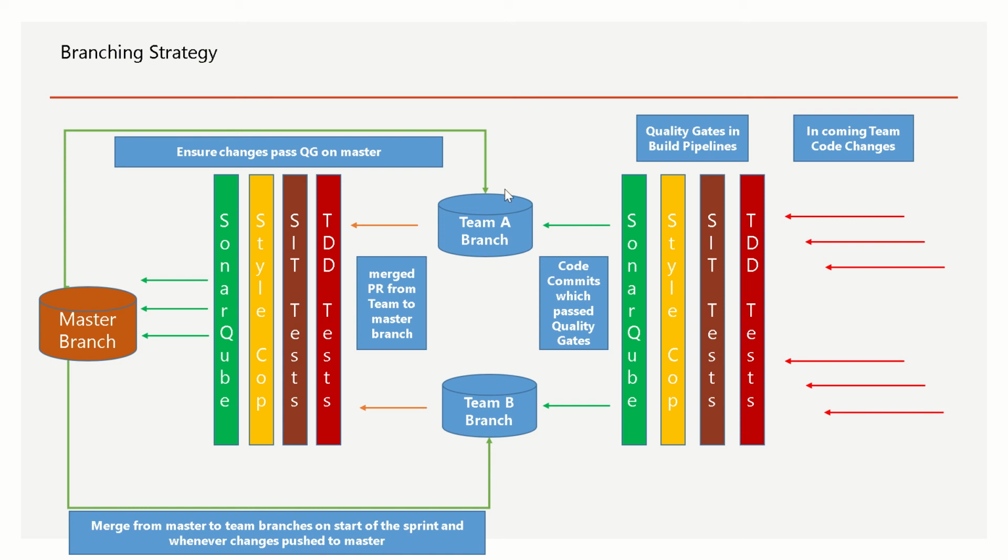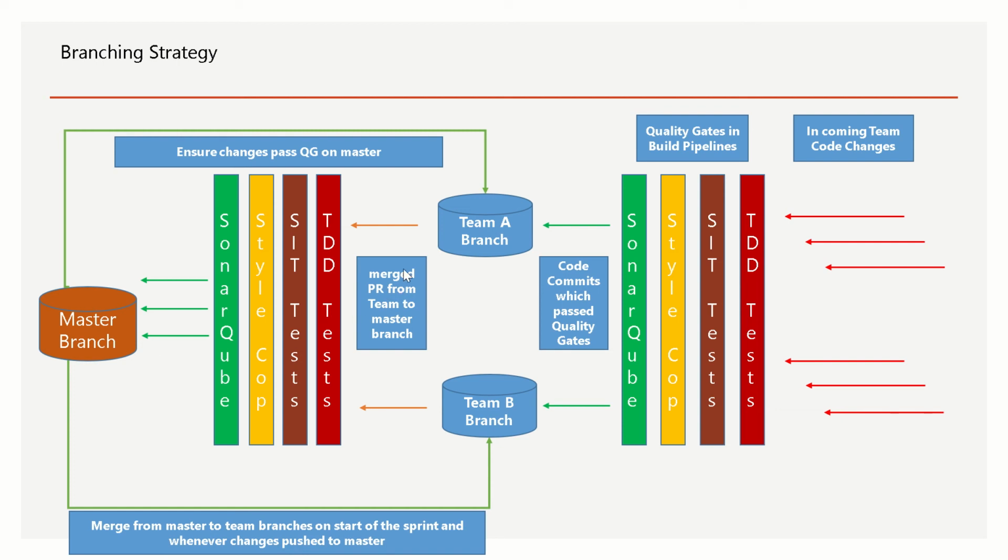So the developer will raise a pull request to the master, and once the code has been merged to the master, it again has to go through all these quality gates to succeed in pushing code changes to the master branch, because there's a possibility that more than one developer will be merging changes from team branches to the master branch, and there is a threat that the master branch may get corrupted.